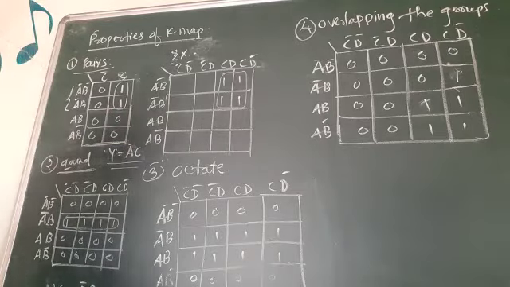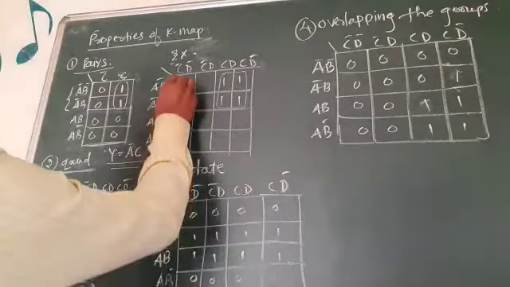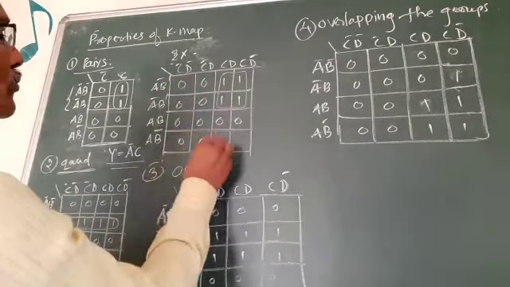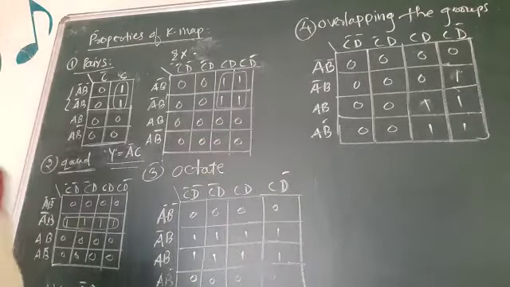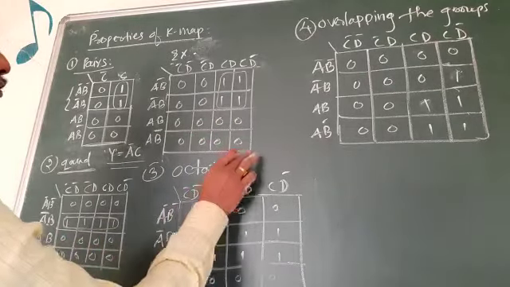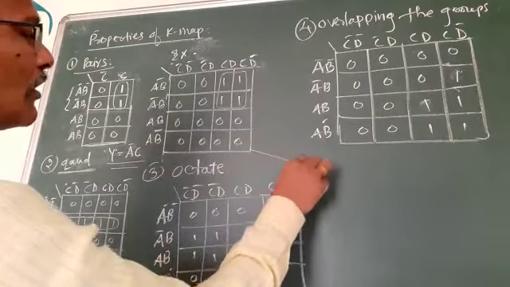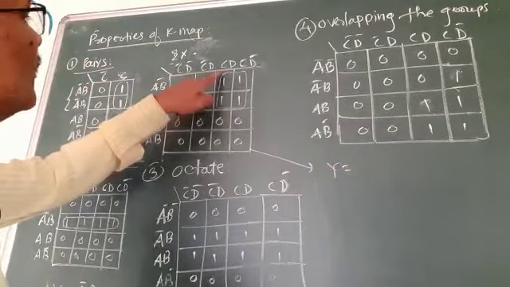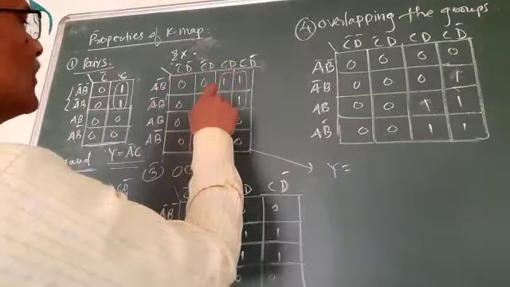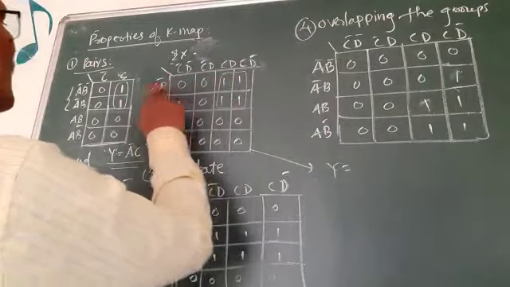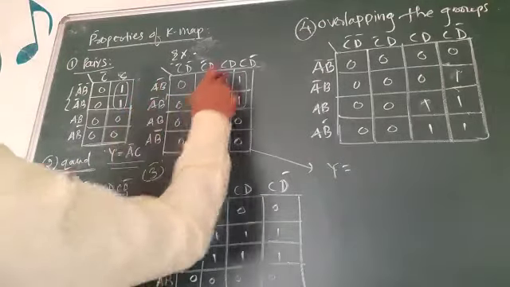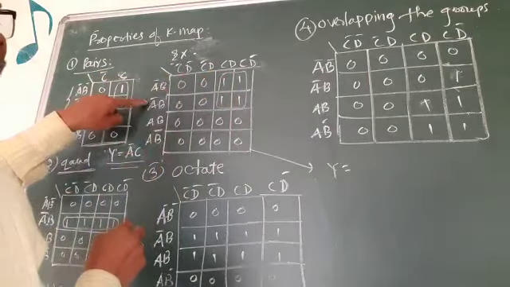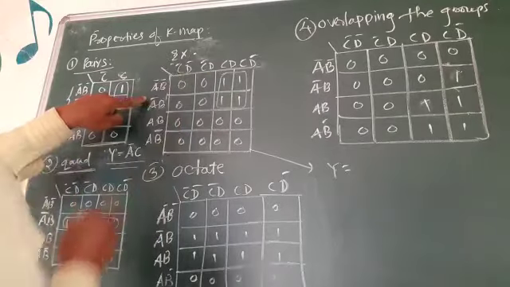Another example, this one. Now I will have the example with these zeros and ones. So this is the example, and now we have to construct the SOP equation. Here I will write y is equal to, therefore consider this pair and this pair. In this case a bar is the common one. So here a bar b and a bar b bar and a bar b.